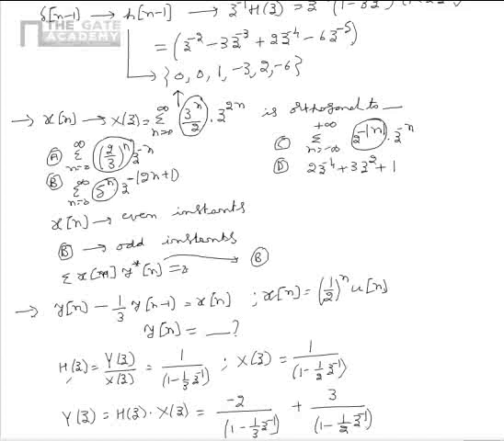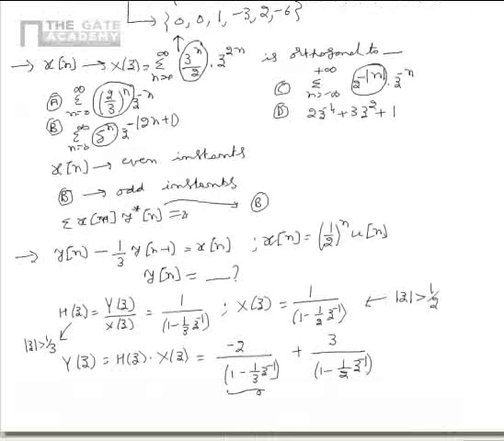Also, we see that the system function H of z is causal, so it has an ROC of mod z greater than 1 by 3, and the input X of z has an ROC of mod z greater than half. So if we see the ROCs of individual terms, the first term has an ROC of mod z greater than 1 by 3, and the second term has an ROC of mod z greater than half.